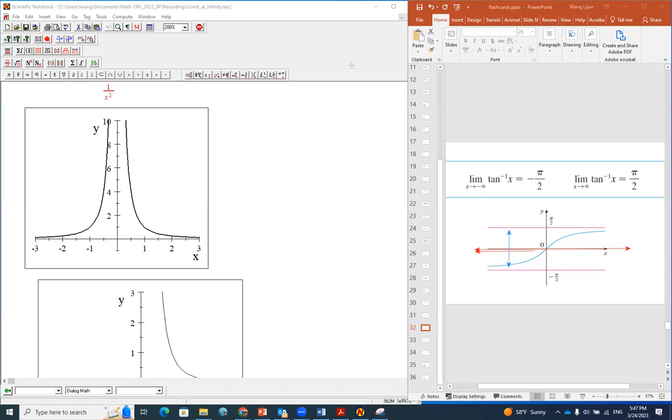When x is approaching positive infinity, the blue curve is approaching positive pi over 2 from below. So this shows the way that we approach the limit. This is from above, this is from below, right? We've seen that picture in the definition of limit of function at infinity.